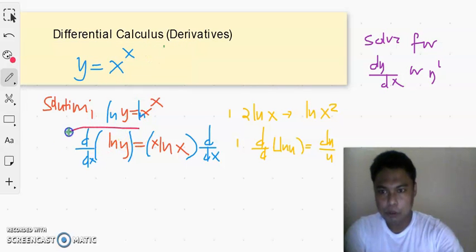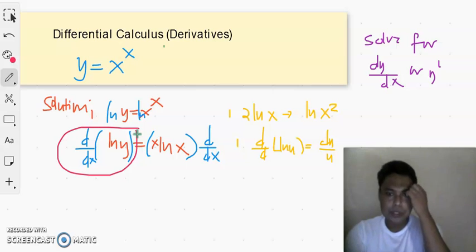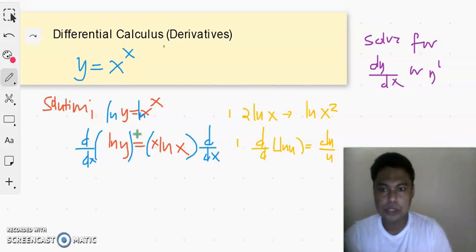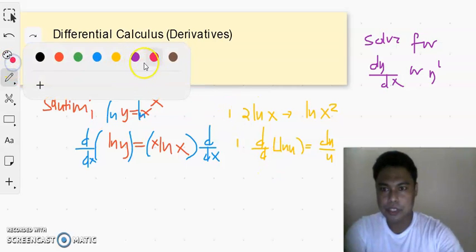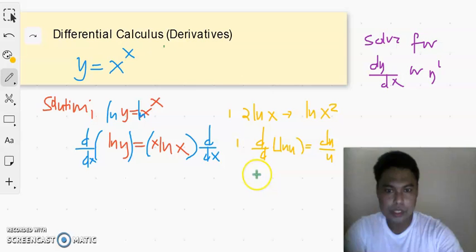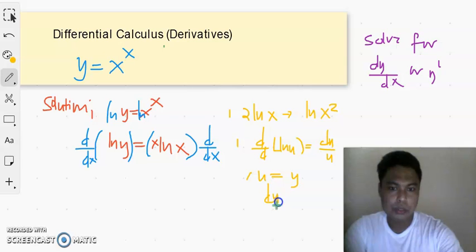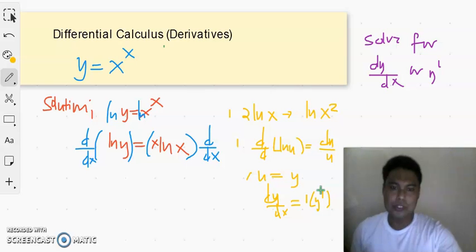We focus on this part first. So ln y, our u here is y. du with respect to x is 1 multiplied by y prime, or just simply y prime.